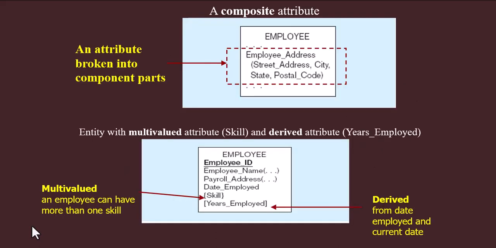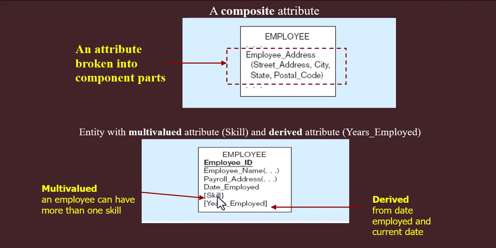If we see other examples, this is a composite attribute example, an attribute broken into component parts. For example, employee address is a composite attribute that can consist of the street address, city, state, postal code. Multi-value attribute: an employee can have more than one skill.